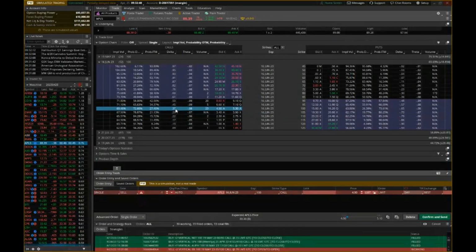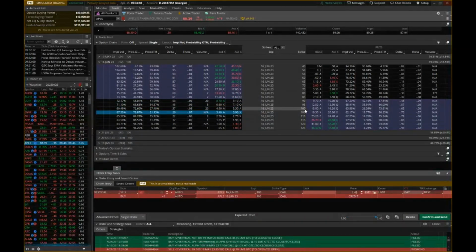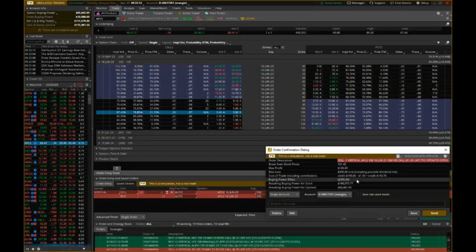Even though it's a 37 delta, because we've got 52 days, I'm pretty comfortable with the short strike being at the 100. Plus, because it's closer to being in the money, it will be a more expensive option, which translates to a larger credit.